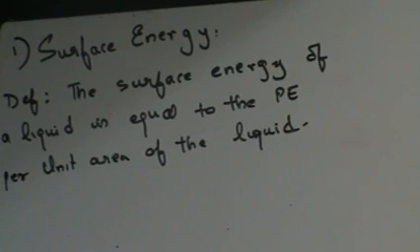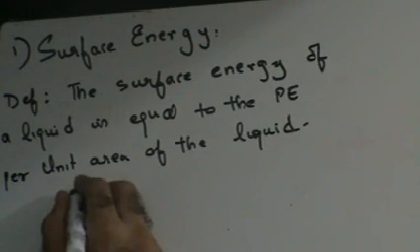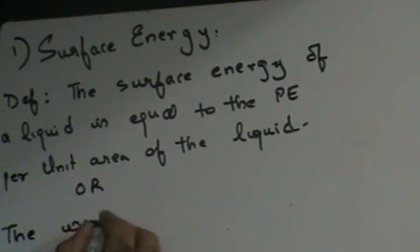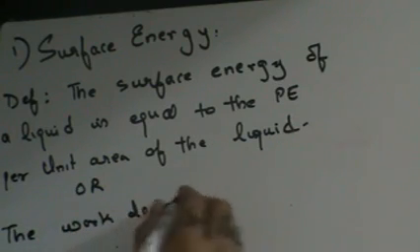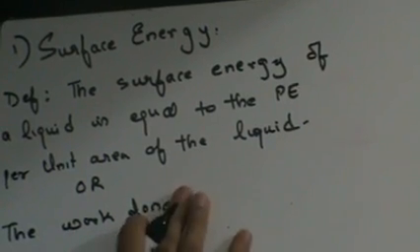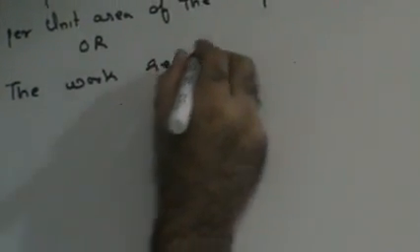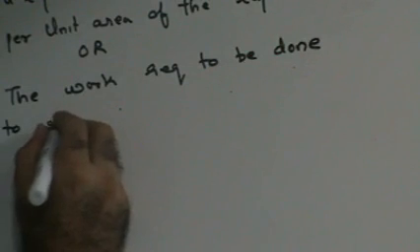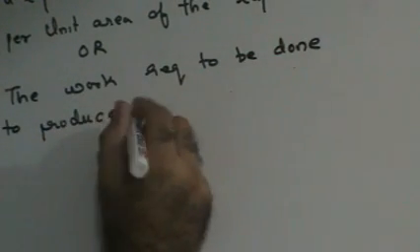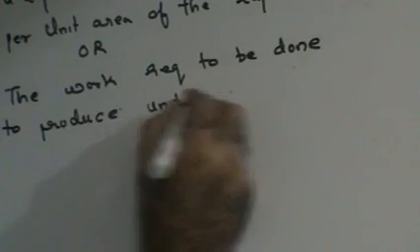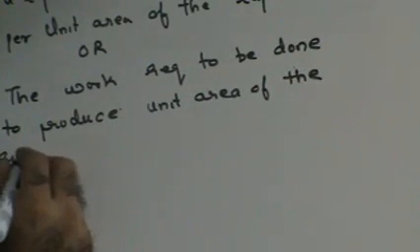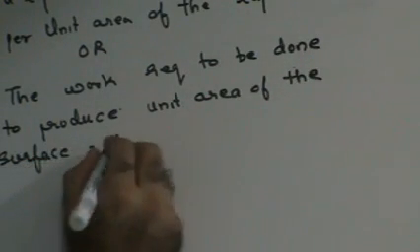It is the work required to be done to produce unit area of the surface, or I could also say that the work done required to be done to produce unit area of the surface is equal to surface energy.